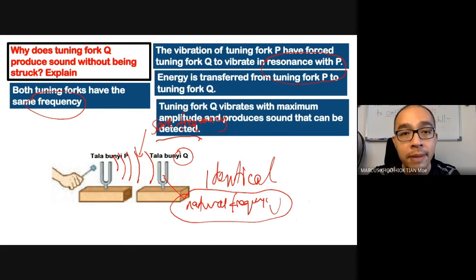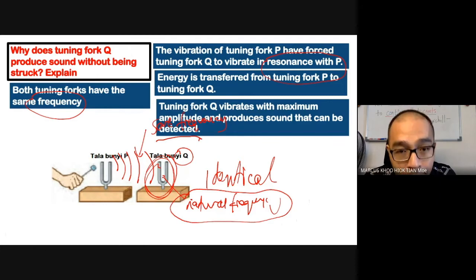When it is forced to oscillate at its natural frequency, then it's going to resonate. How do you force this one to oscillate or to vibrate with its natural frequency? You provide a sound or you provide a wave that has the same frequency as the natural frequency.